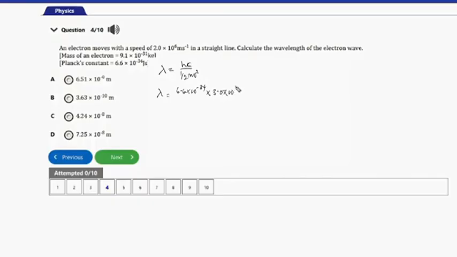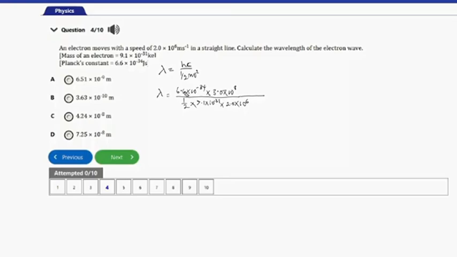Then we have the mass of the electron, which is 9.1 times 10 to the power of negative 31. And finally we have the velocity, which is the speed of this electron, 2.0 times 10 to the power of 6.